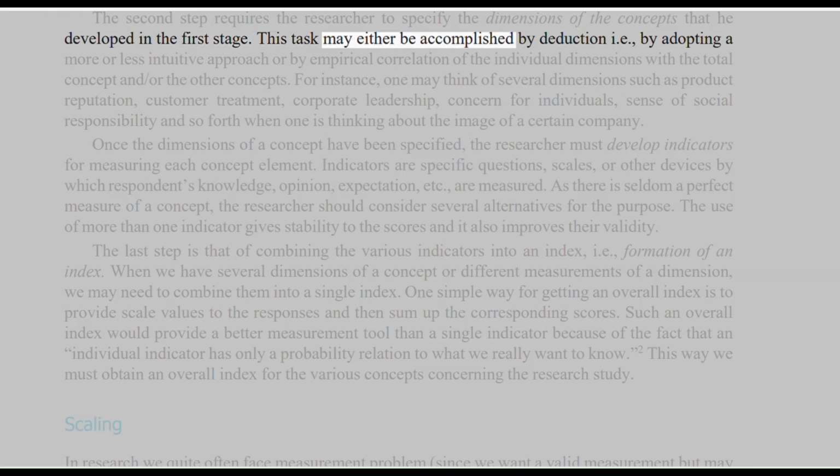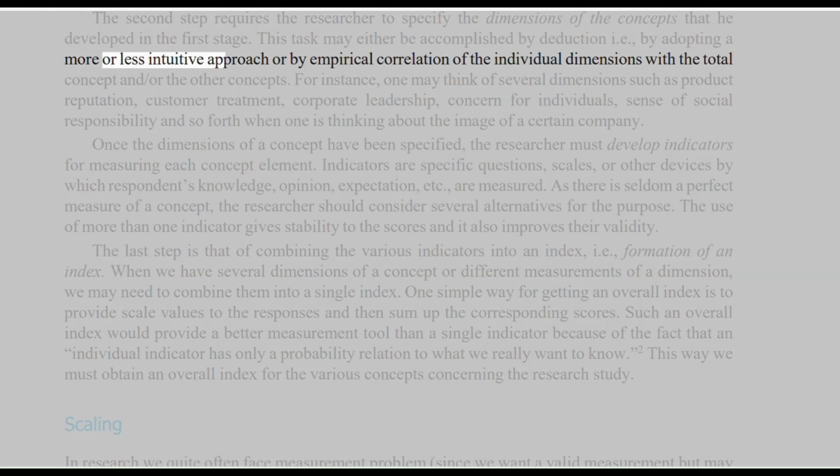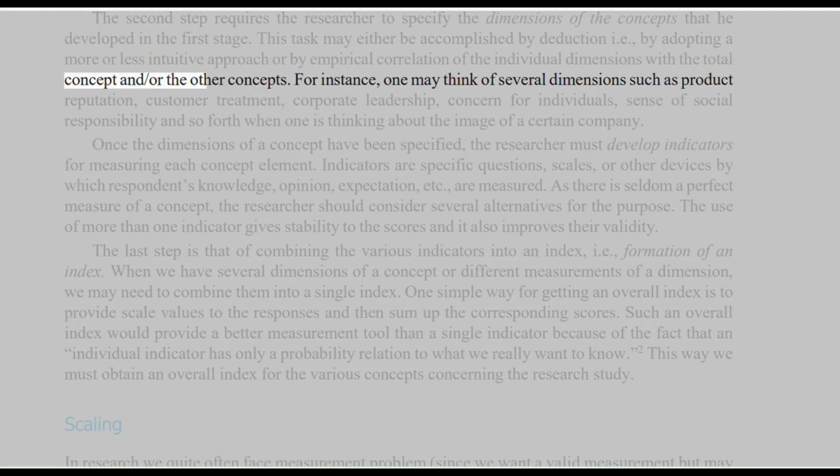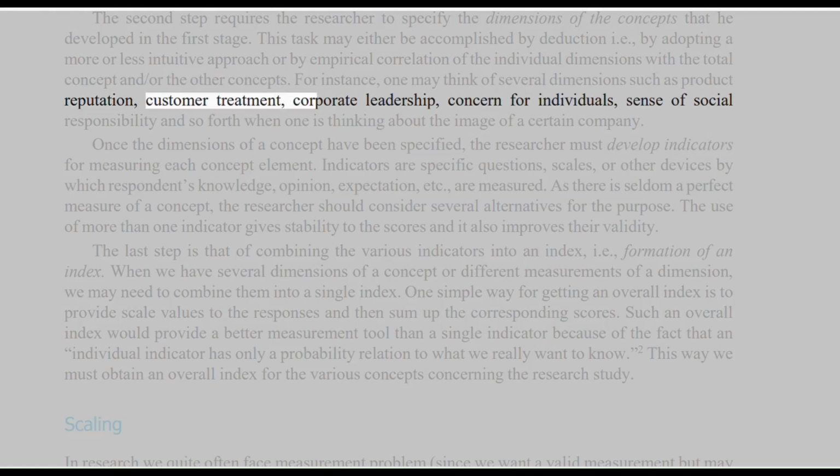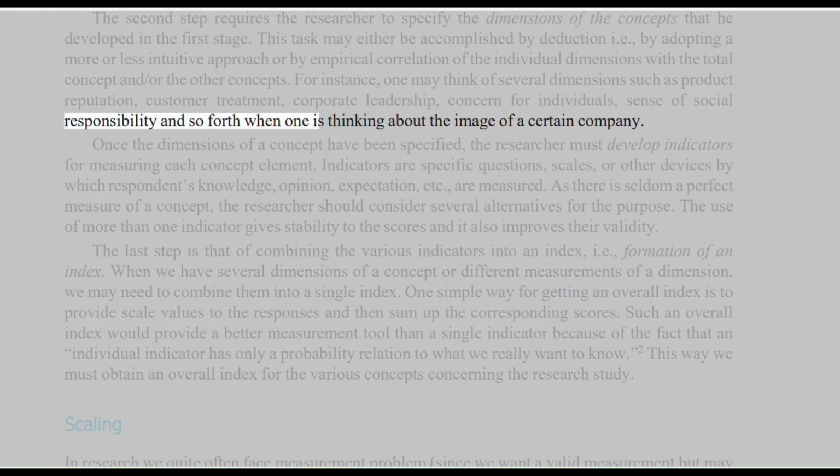This task may either be accomplished by deduction, i.e., by adopting a more or less intuitive approach, or by empirical correlation of the individual dimensions with the total concept and/or the other concepts. For instance, one may think of several dimensions such as product reputation, customer treatment, corporate leadership, concern for individuals, sense of social responsibility, and so forth when one is thinking about the image of a certain company.